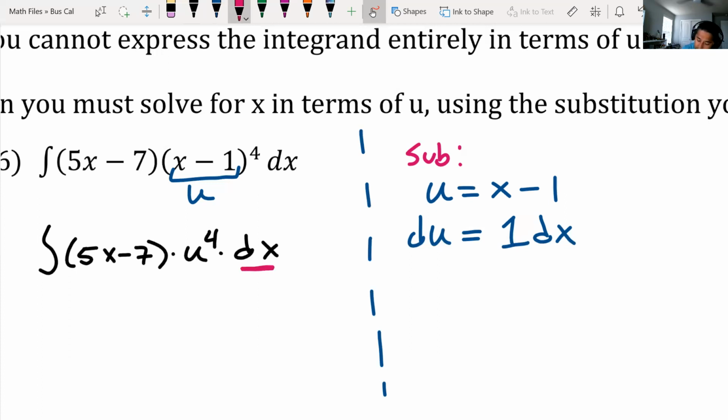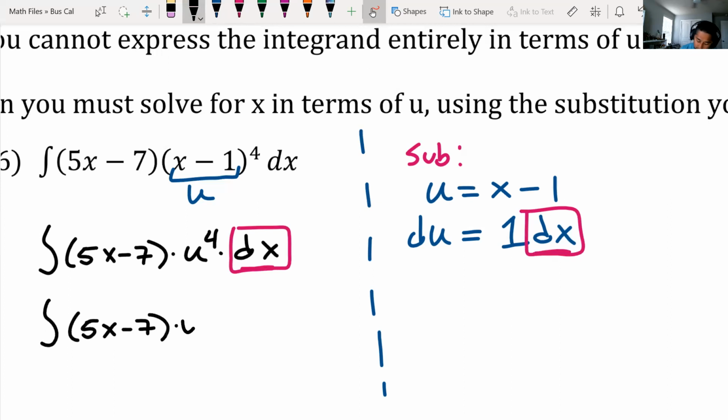I have a dx here and I have a dx here, which means dx is just going to become what? Du. So these match up. So my next rewrite is the integral of 5x minus 7 times u to the 4th du.